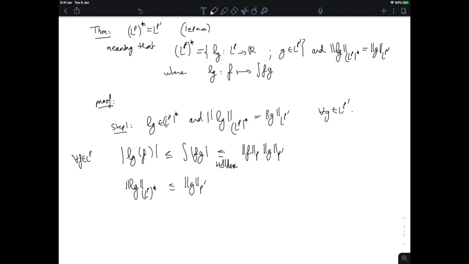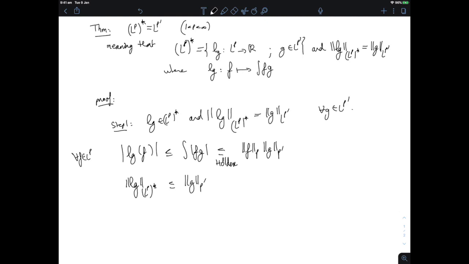And of course, LG of F is linear as a function of F. That's obvious because integrals are linear. So that is almost step 1, except I also need an inequality going in the other direction.